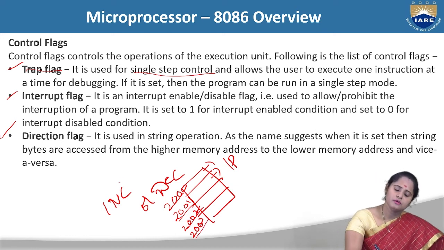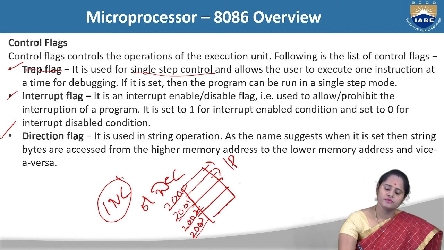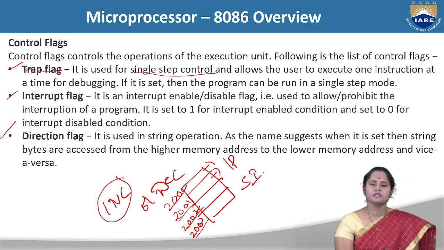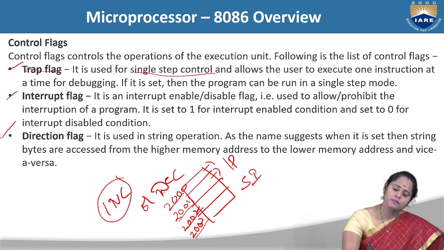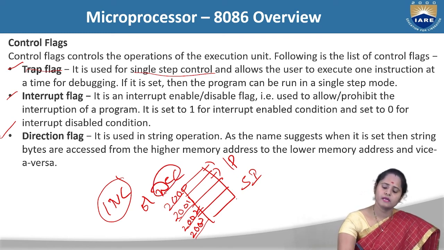That is, I increment my pointer of the source index, which gives the data, or I decrement my pointer. With SI, I can decrement from 2003 to 2002 or from 2002 to 2001. I am decrementing my memory location.